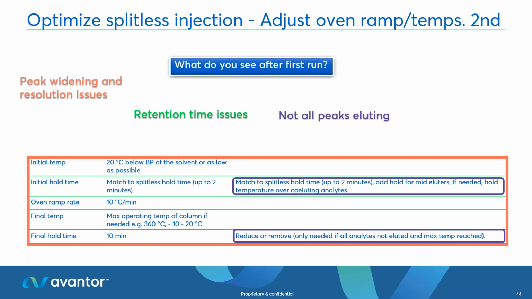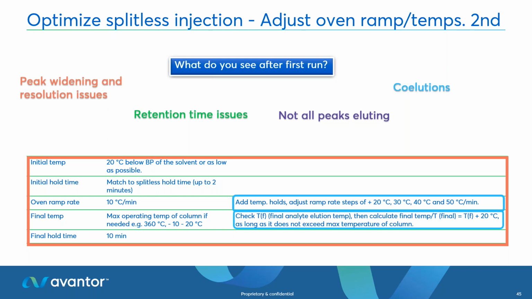If not all the peaks are eluting, again, double check that you're matching the initial hold time of the injection. And then the final hold time, make sure you're not losing any of the late eluters at the end of the run and giving plenty of time for them to elute. Co-elutions again, you can add some temperature holds, adjusting the ramp rate, checking the final temperature of the last eluting peak.